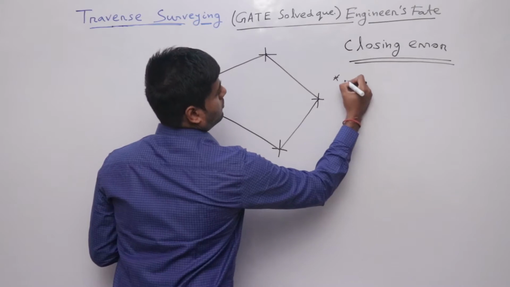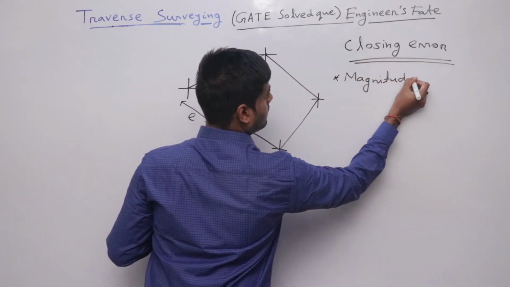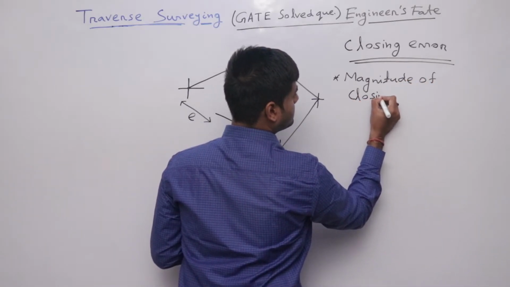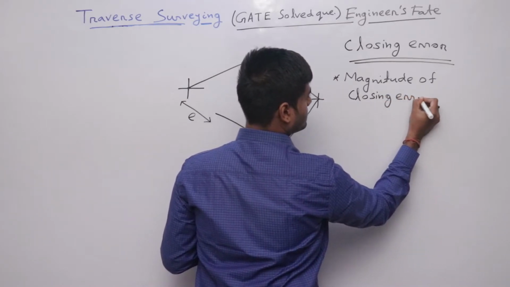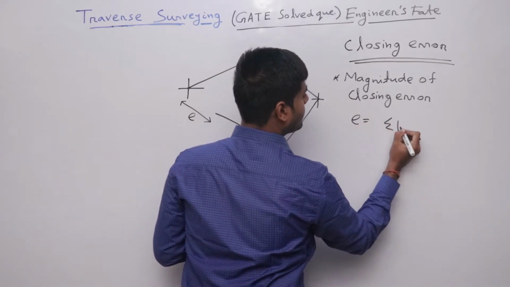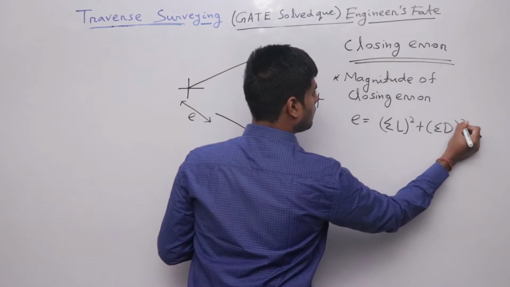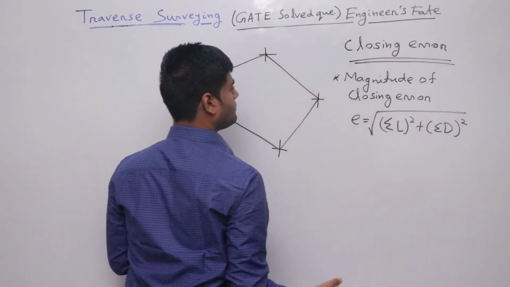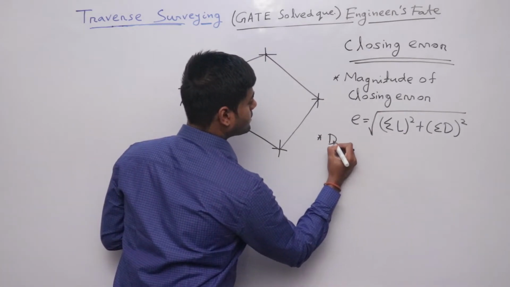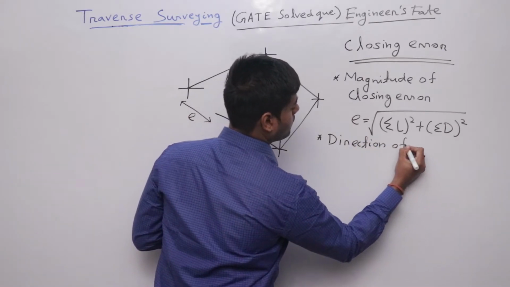So the magnitude of closing error E equals the square root of (summation of latitude) squared plus (summation of departure) squared. And there is also the direction of closing error.